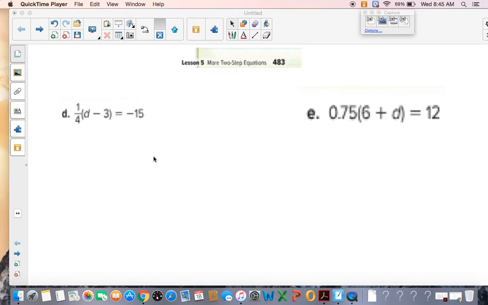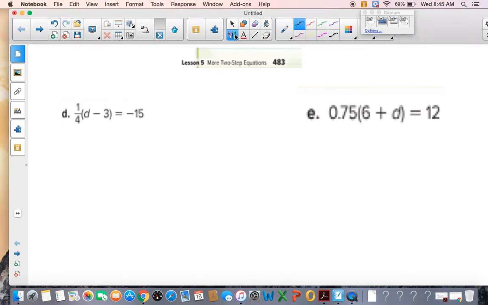I know most of you prefer to use the distributive property strategy, where you take the 1/4 and multiply it by d, and you take the 1/4 and multiply it by 3.